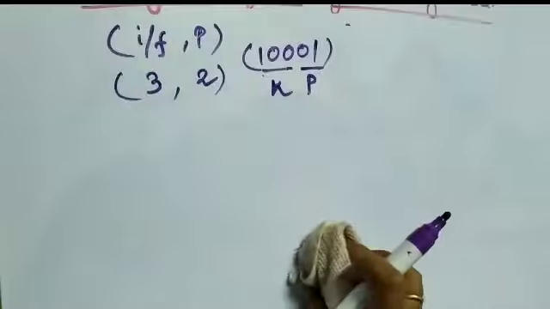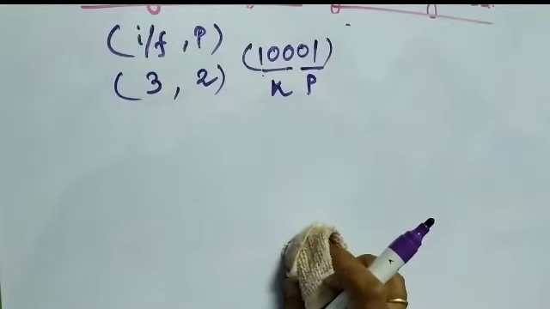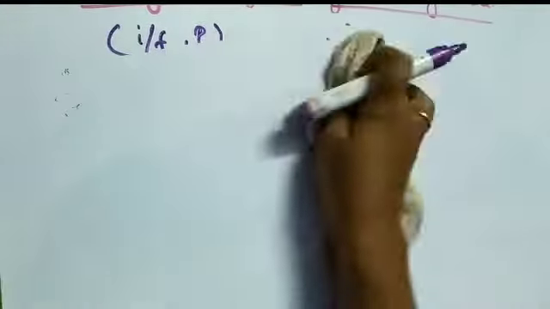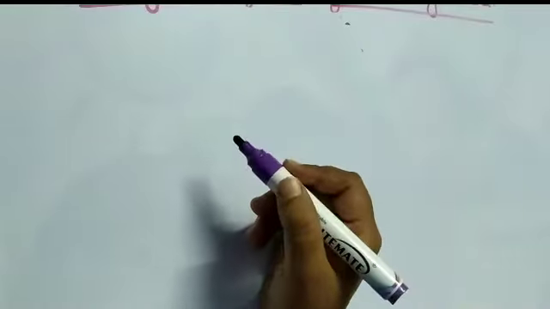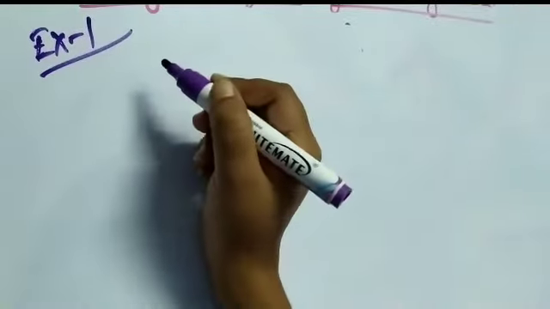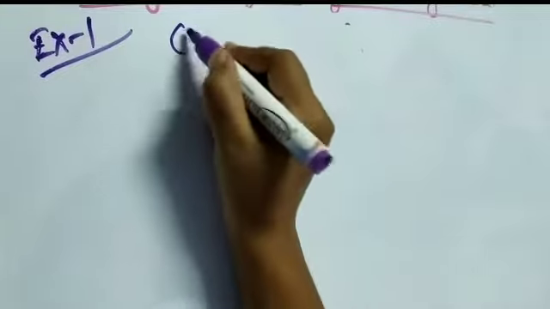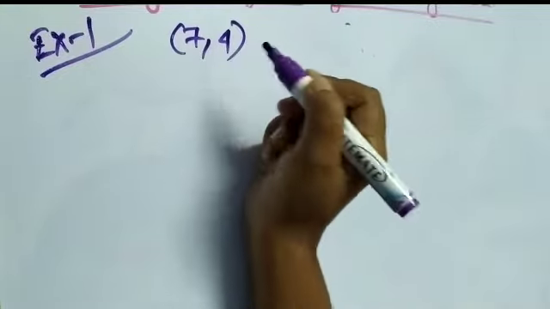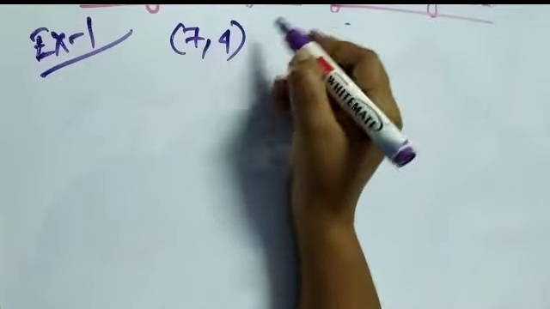So now I am discussing here how the encoding technique could be done using systematic cyclic code. So your problem is: construct a cyclic code (7,4) using generator polynomial.